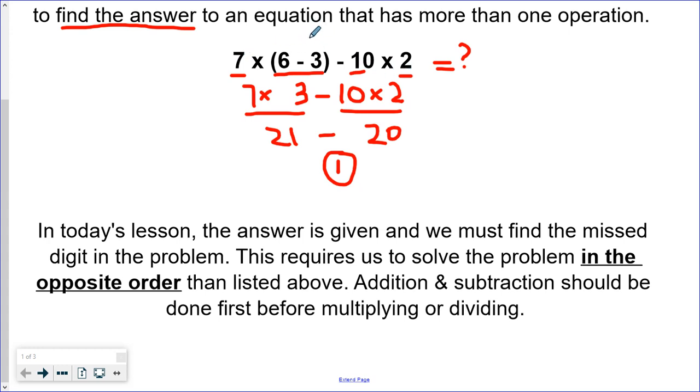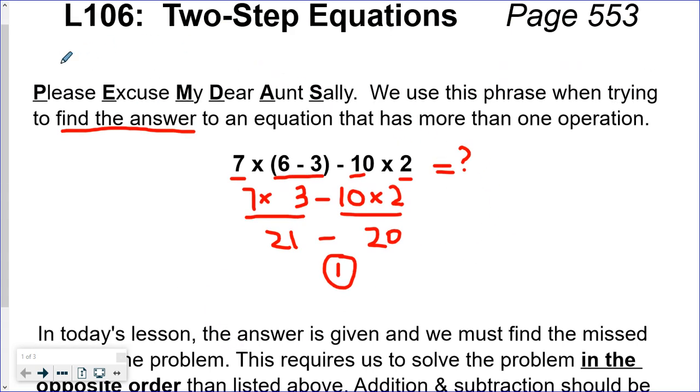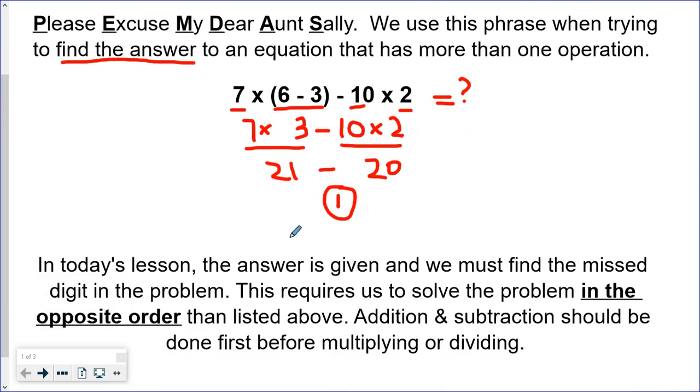In order to figure out that missing number, since we know the answer, it's almost like we're going backwards, which means we are going to do this in the opposite order. Today, if I know the answer, I'm actually going to be doing the addition and subtraction first.